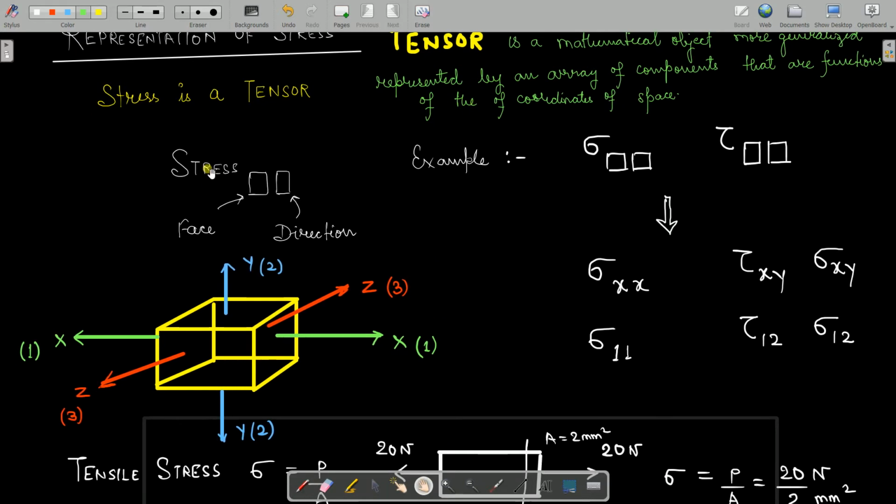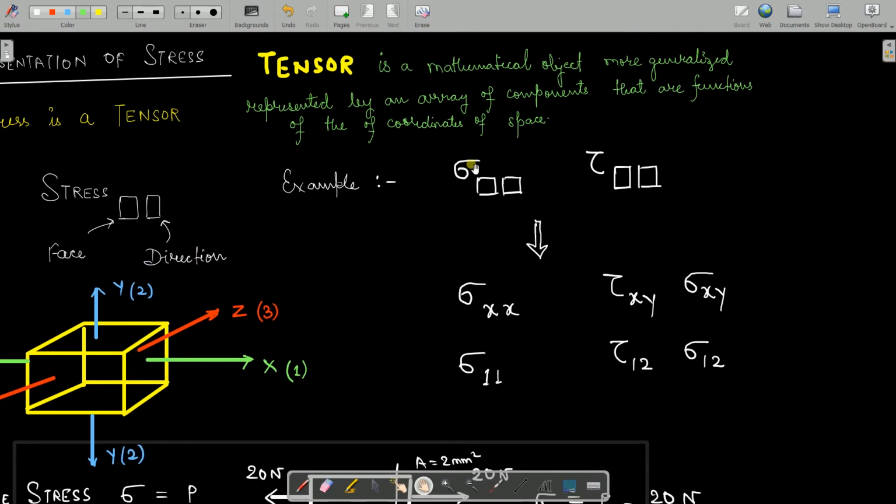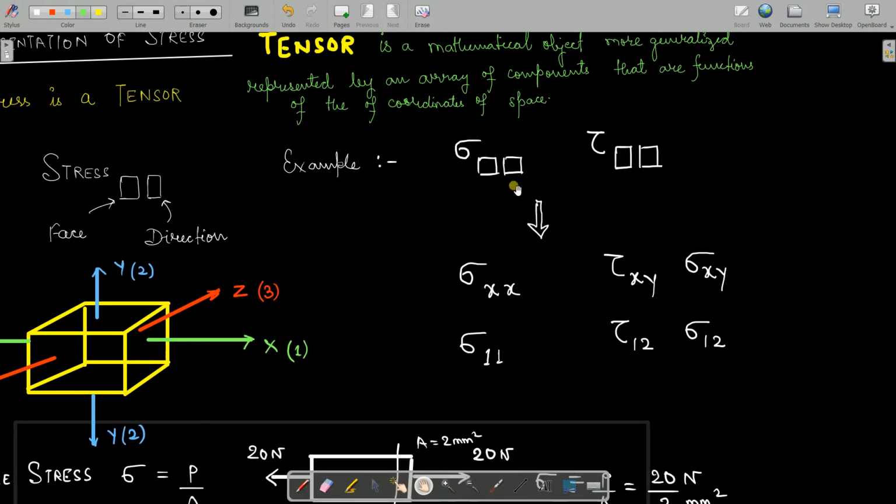Now whenever you write a tensor, you need to write something in the subscripts. The first subscript represents phase, the second subscript represents direction. For example, if you are writing sigma, you need to write something in the subscript. Two boxes I have made. What has to be filled in these two boxes? Here I have shown x. What does it mean?